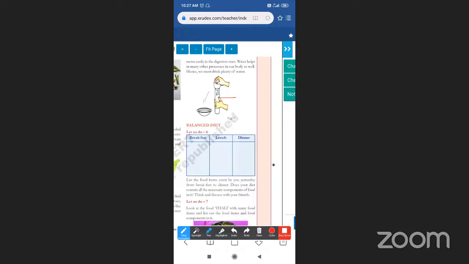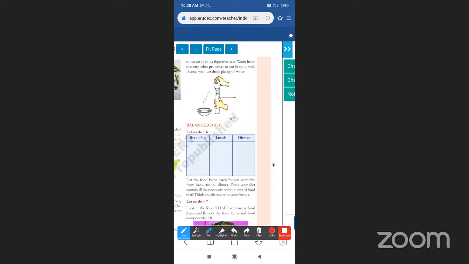Continuously if you are taking food, at that time we can feel some difficulty in our throat to swallow the food. At that time if you drink water, it will move from the throat, from the digestive tract to the stomach easily.